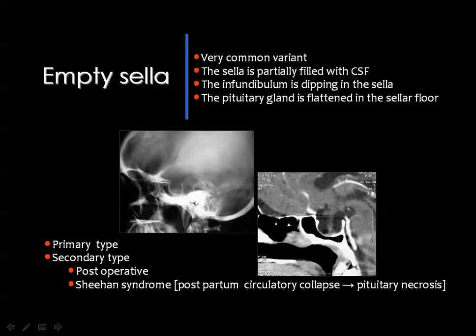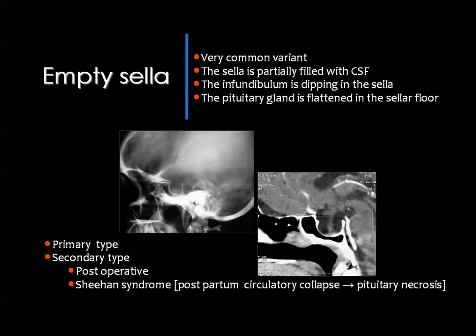Then the empty sella means that there is excess of CSF inside the pituitary fossa, and this is considered of two types: the primary type and the secondary type.